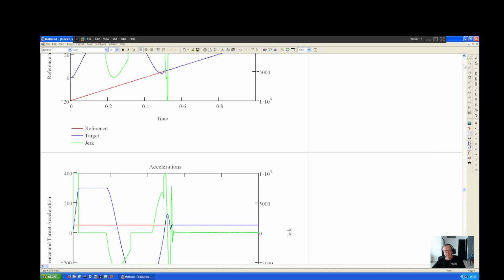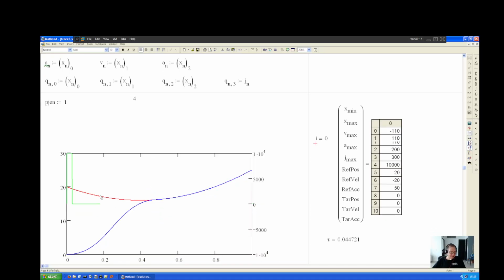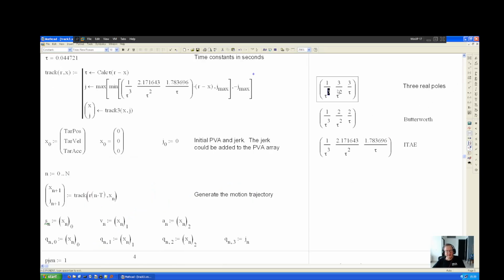But overall, let's just take a look at how long it takes to get into position. You can see that it takes about 0.45 seconds. And if I come up here and go back to my 3 real poles, this will take just a little bit longer.